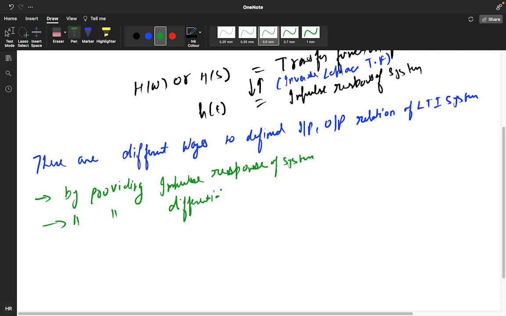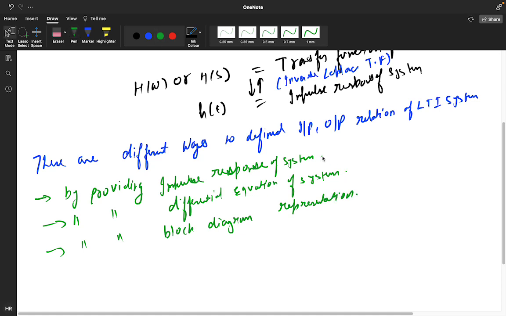And block diagram representation of the system. So another way is by providing block diagram representation.